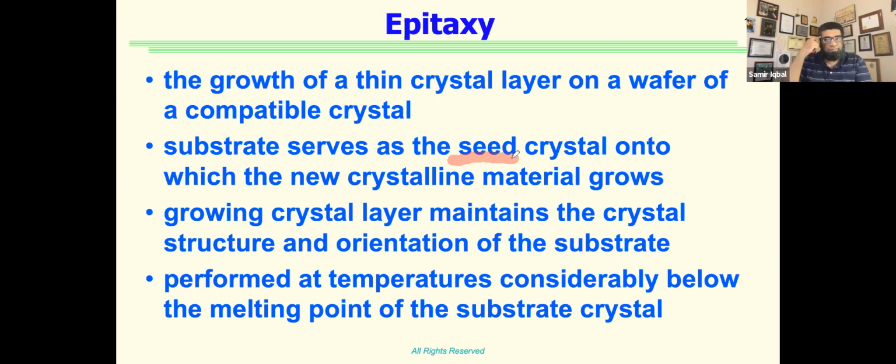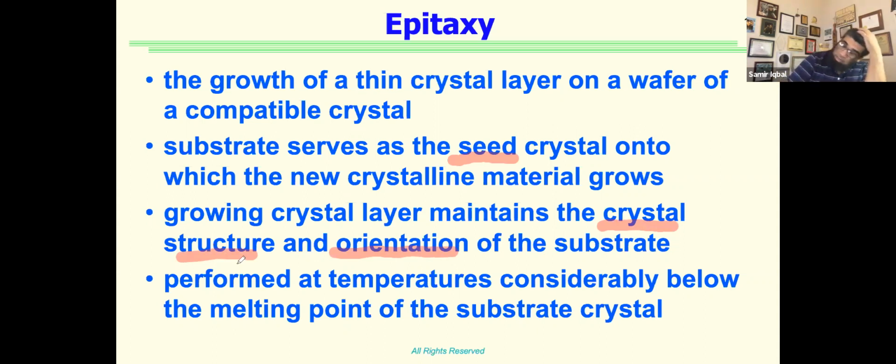If we don't match these things, the crystal that grows will not be good. It will have defects in it. So we need to maintain the crystal structure and orientation, and we will get that in whatever we grow on top.